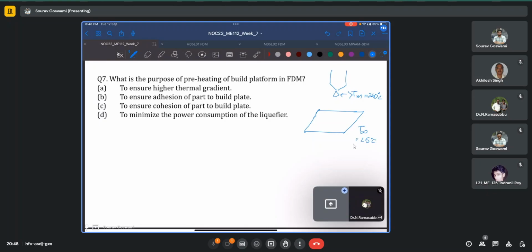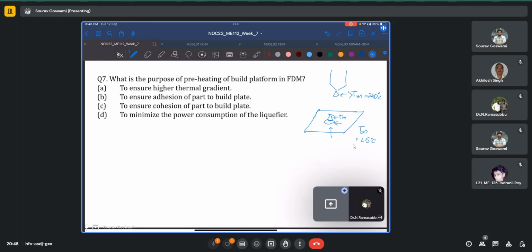And when this droplet gets deposited into a bead and suddenly encounters this cool surface at ambient temperature, it solidifies rapidly. It solidifies because of the gradient which is existing, say, if I look at some intermittent stage, between the temperature of the incoming material, which would be close to the melting point, versus the temperature of the build plate, or even for this first deposited one, the temperature of its upper surface, the curvature which is in contact with air, which is still above the melting point, and the bottom, which is in contact with the build plate, which is at the room temperature.